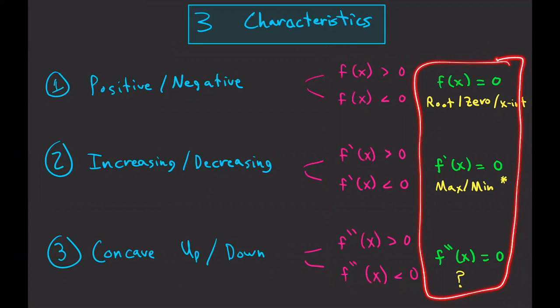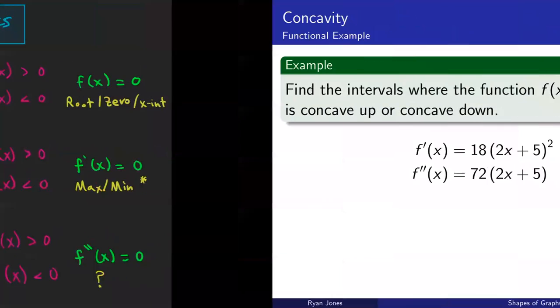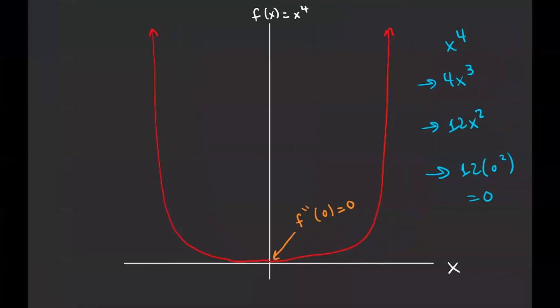I'm going to say, hey, tell me where all the zeros are. Tell me where all the critical points are, which, remember, like we said, a lot of times they're maxes and mins, but they're not always. And then here we call that maybe an inflection point, but we weren't sure, right? It depends on if the concavity changes. Let's look at an example where we actually go ahead and find those three points.